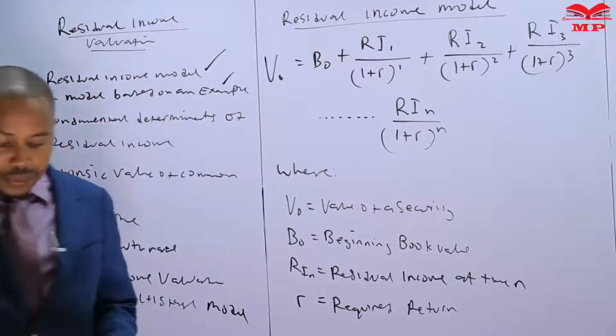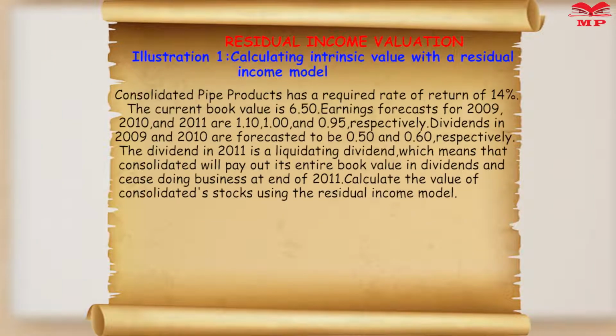So the example reads as follows. Consolidated Pipe Products has a required rate of return of 14%. The current book value is 6.5. Earnings forecasts for 2009, 2010, and 2011 are 1.1, 1, and 0.95 respectively.